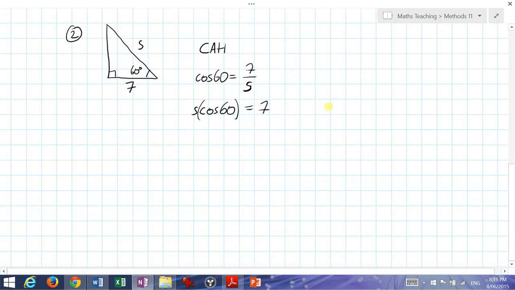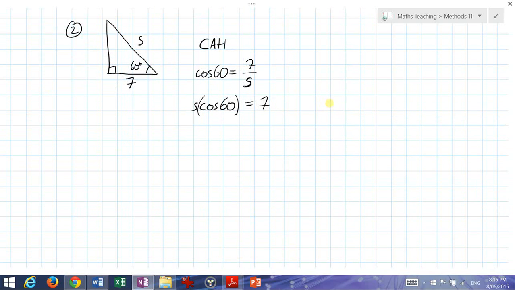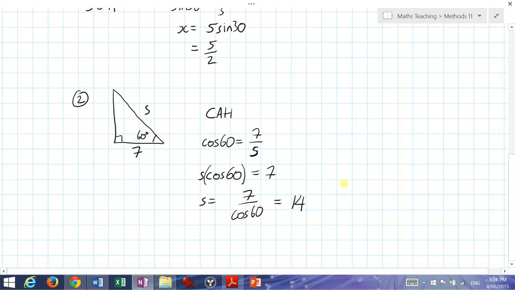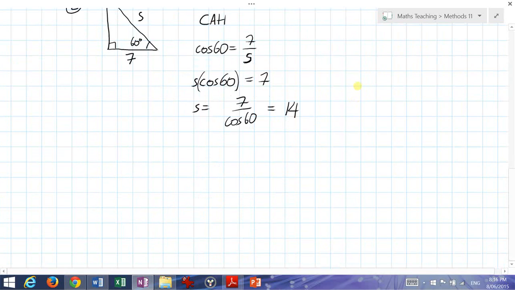Then S would equal 7 divided by cos of 60, which on your calculator will be 14. If we're talking about meters, then the length of the hypotenuse is 14 meters. Let's do one last example.